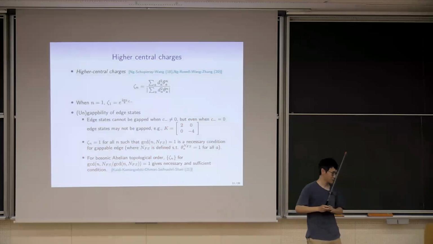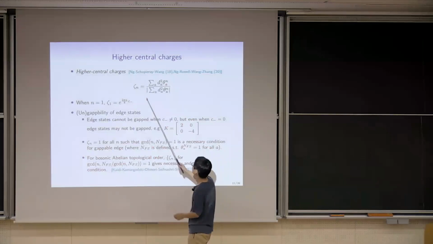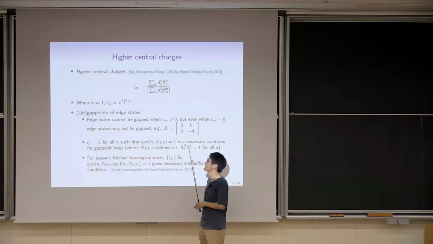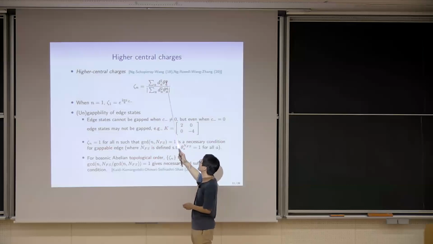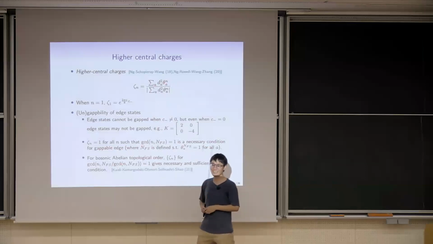Good question. I can't really answer, I don't know why they call it higher, but I understand it as generalizing the Gauss sum formula with a new integer parameter n.